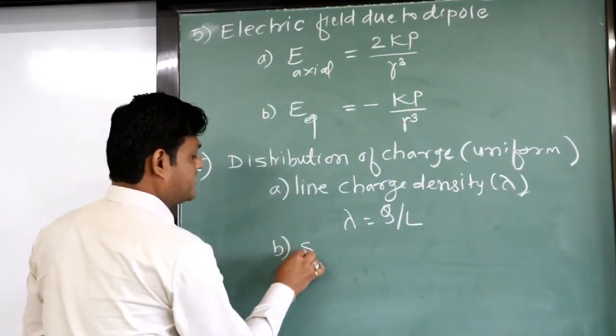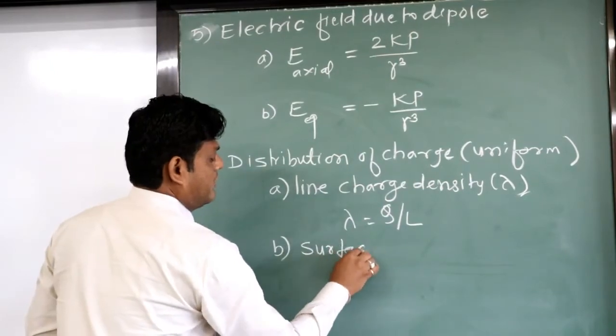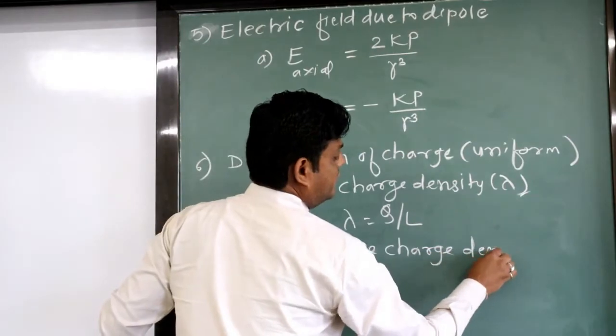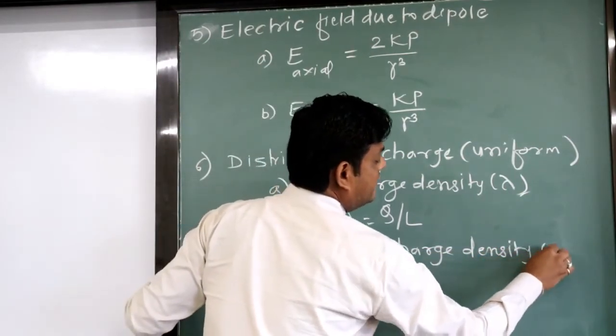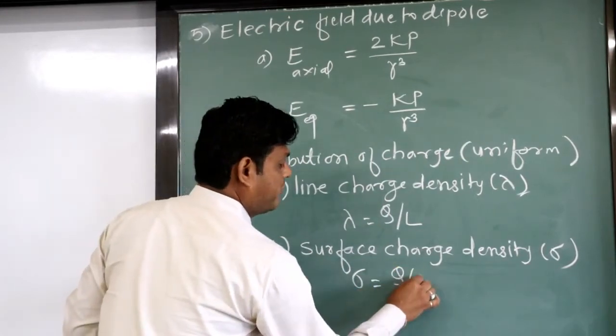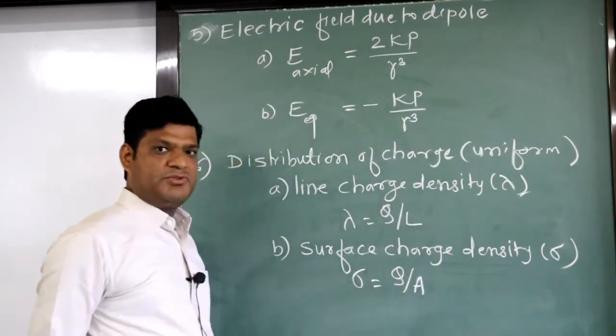Second thing that we have studied, surface charge density, denoted by letter sigma. What is the formula for sigma? Charge per unit area, that we studied.